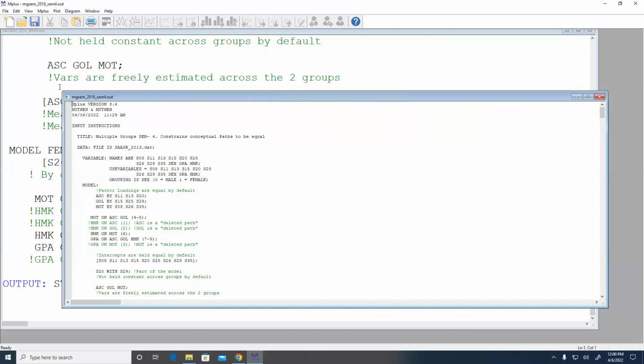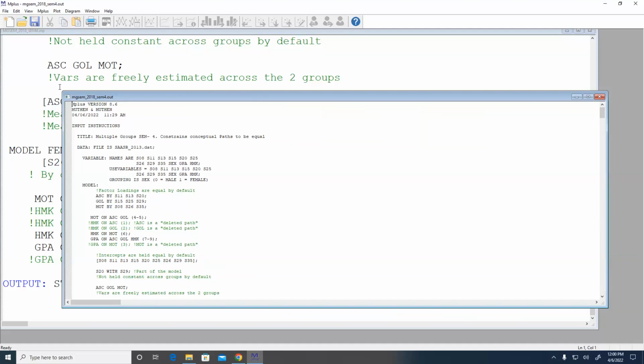Homework on motivation, GPA on self-concept, goal, and motivation, but we got rid of that one. Anyway, this is the basic idea of it.